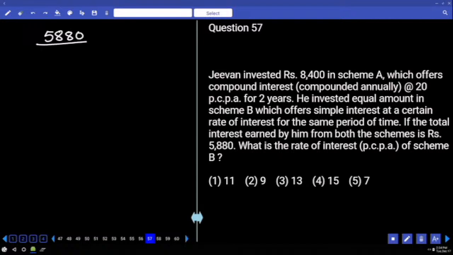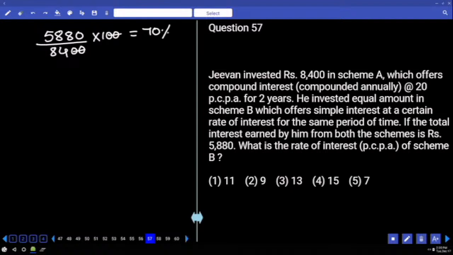5,880 on a sum of 8,400. So let us calculate: 5,880 is what percent of 8,400? Cancel 2 zeros, 2 zeros. 84 goes exactly 7 times.